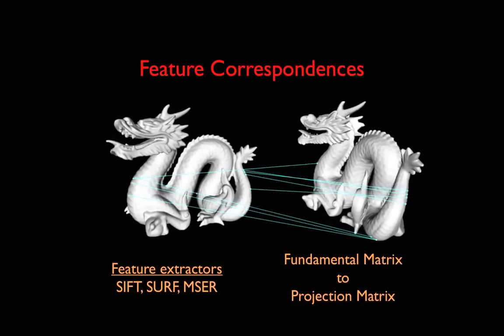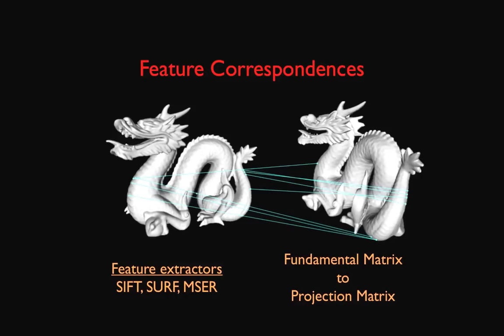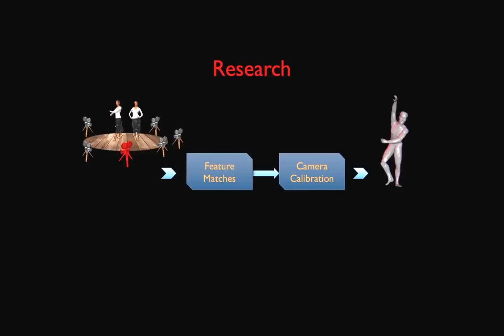Feature extractors like SIFT, SURF, MSER are used to detect features, matching the features between the two images, and hence we obtain feature correspondences. Using these feature correspondences, we estimate something called the fundamental matrix, which actually maps the relation between the two images, with which we estimate the projection matrix and hence the camera calibration.